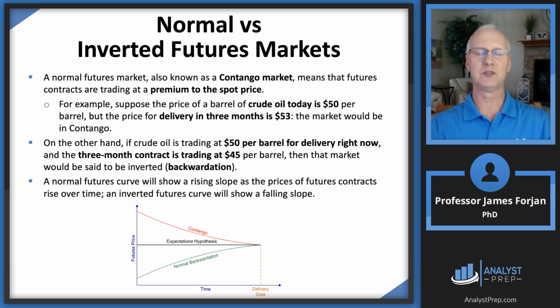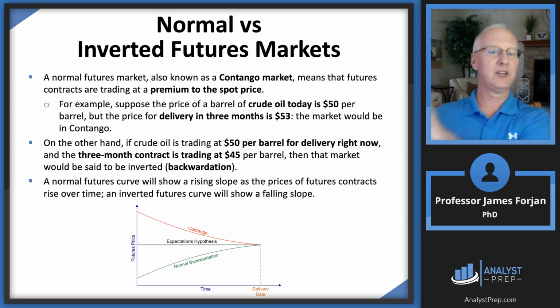And backwardation, especially in the commodities markets, tends to occur very, very infrequently, but it occurs after periods of demand or supply shocks or expectations of shocks. I mean, let's suppose that today there is a shortage of oil for whatever reason. And so in the spot market, the price is bid up to 50.